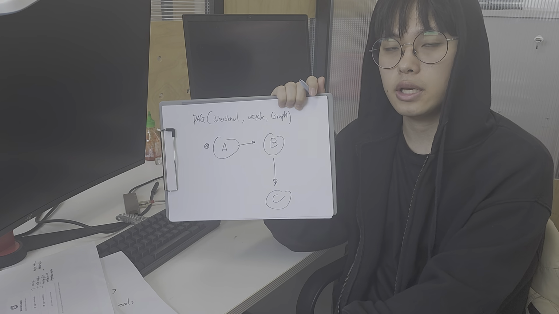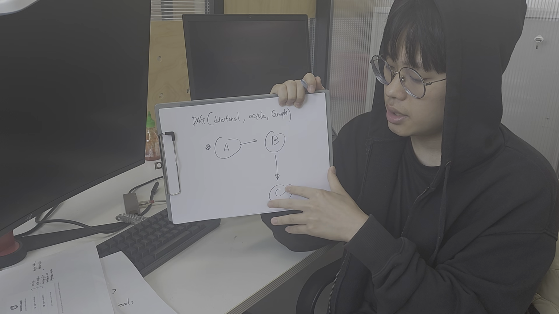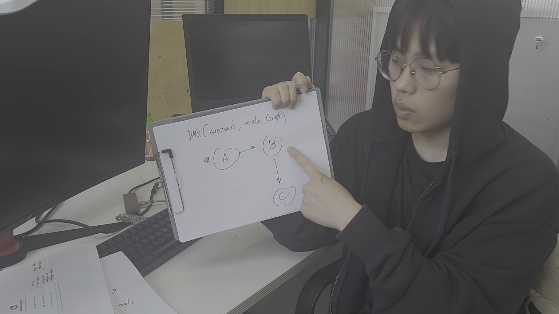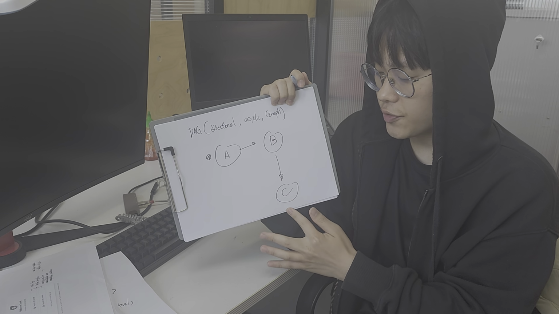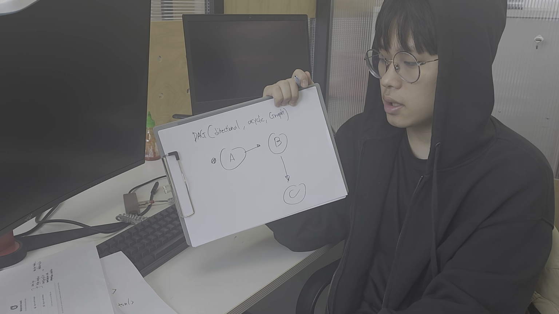In this example of a DAG, you have A and B, C. Since this is directional, you cannot go back to B, you cannot go back to A. So this is a flow, and it's really easy and understandable.